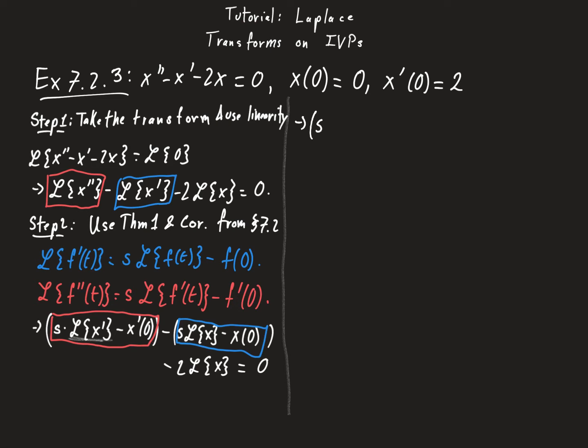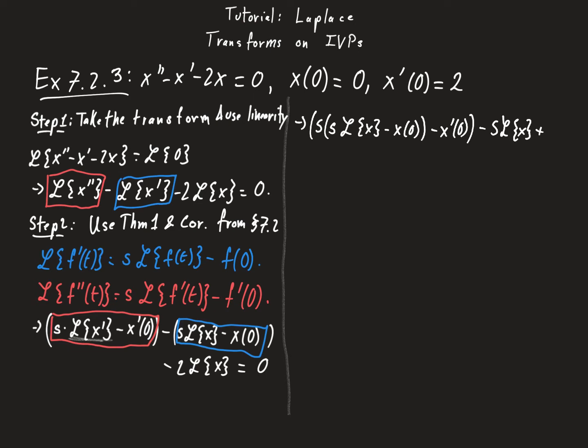We will get that s times the Laplace transform of x minus x of 0, minus x prime of 0, minus s times the Laplace transform of x plus x of 0.